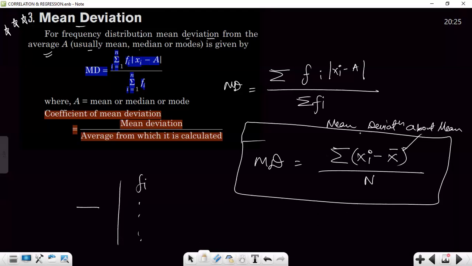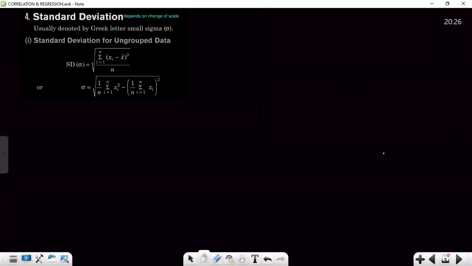So then we multiply the frequency with the xi minus a, which is the difference. So let's take an example that will make things more clear for us. There was mean deviation. Let me look for its example.